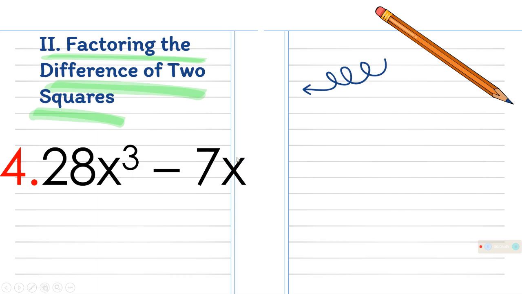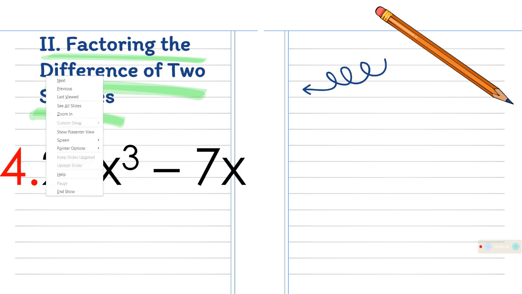Okay, correct. You are going to apply what you have learned on the first type of factoring, factoring polynomials with greatest common monomial factor. So you are going to find first the common factor of 28x cubed minus 7x. Okay, very good. It seems that you really understood our first type of factoring. Correct.